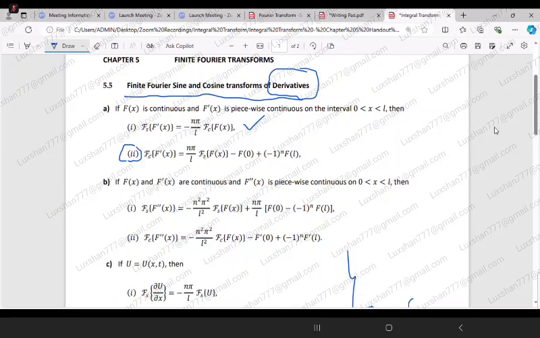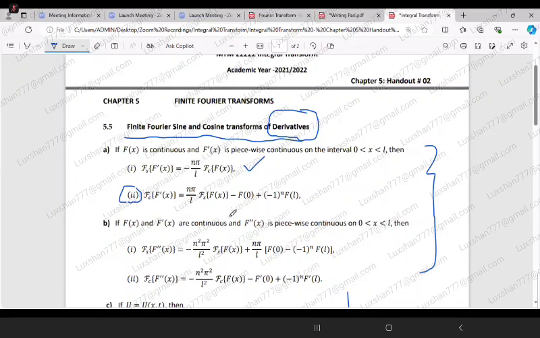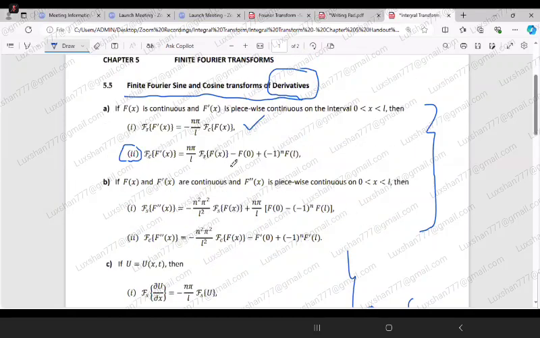So these four are not important, in the sense that in this course we are going to discuss solving partial differential equations. Therefore, we will be concerned with two variable cases. But you must know the proof of these also. Proof is necessary. But look, it is very simple.